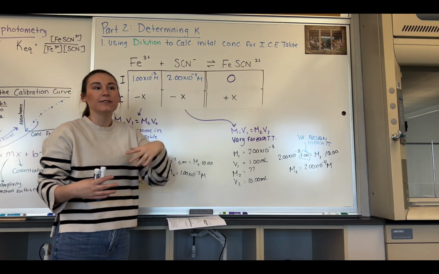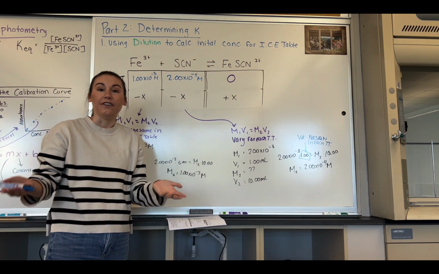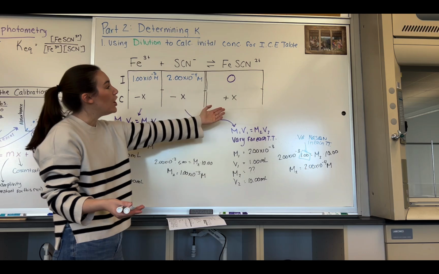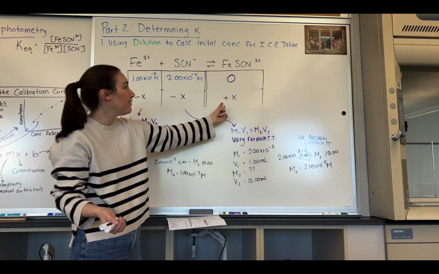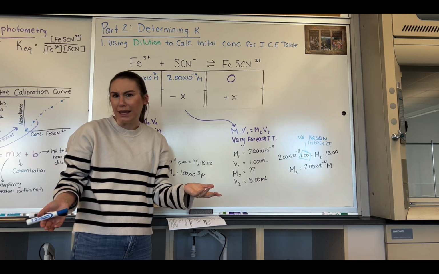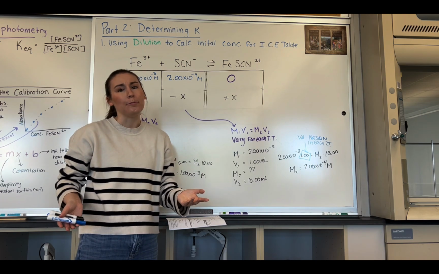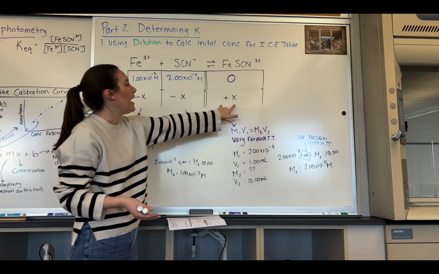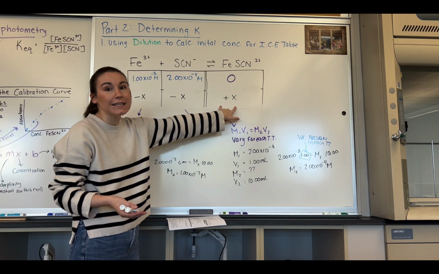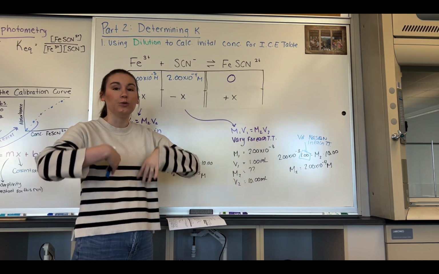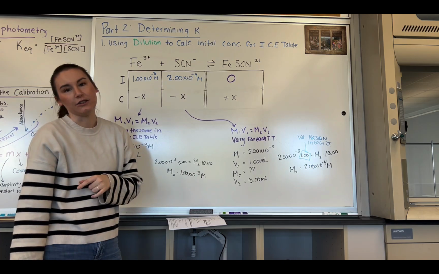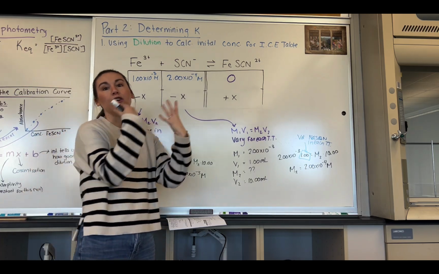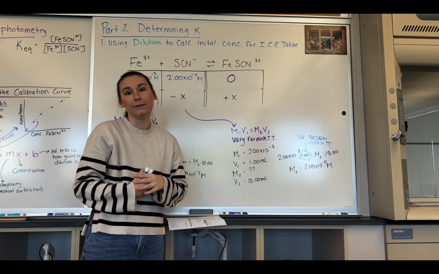Since the iron thiocyanate had an initial concentration of 0, we know that the concentration can only increase. If I had a negative here, then my final concentration would be a negative concentration, which it can't be. So I have to make this portion my plus x because it's increasing in its concentration. We are creating that product, and then we are decreasing these concentrations. We are using them up in order to create that product.